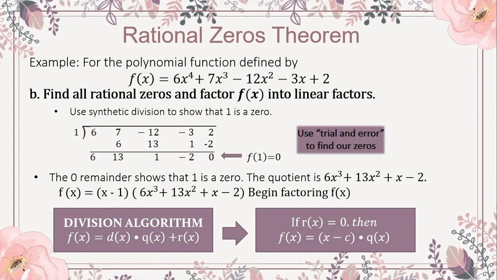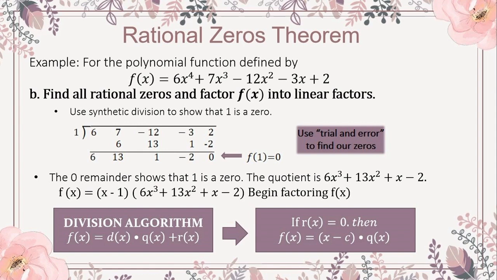So we put it in standard form, which is 6x cubed plus 13x squared plus x minus 2. So now we have our f of x polynomial function: f of x is equal to the quantity x minus 1 multiplied by 6x cubed plus 13x squared plus x minus 2.